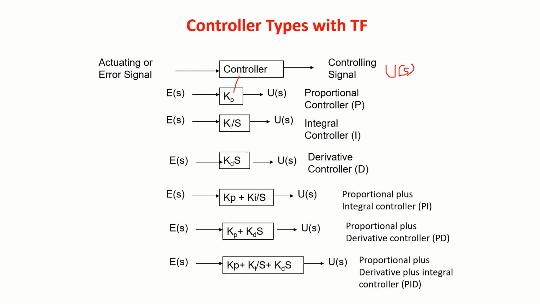If the controller transfer function is simply Kp, it is a proportional controller. For an integral controller, the transfer function is Ki by S. For a derivative controller, it is Kds. Then the proportional plus integral controller transfer function, the proportional derivative controller, and the proportional, integral, and derivative controller.